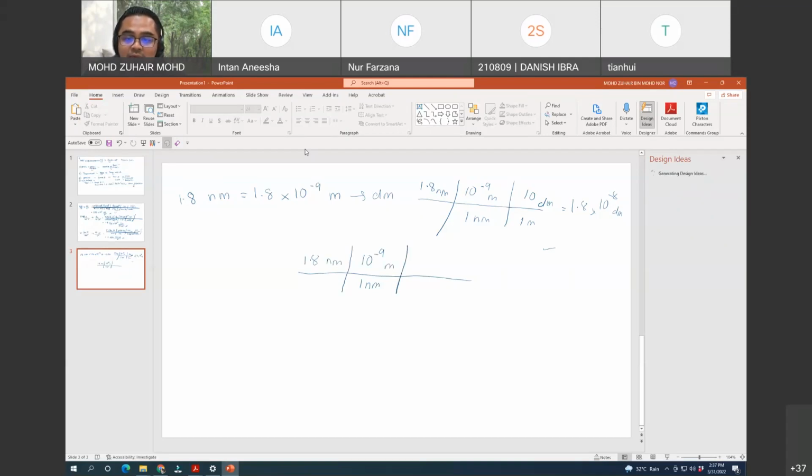And then we want to convert from 1 meter equals how many inch? 39.37 inch. So at the end, the final answer will be 7.09 times 10 to the power of -8 inch. So this will be the answer for number 2, A and B.